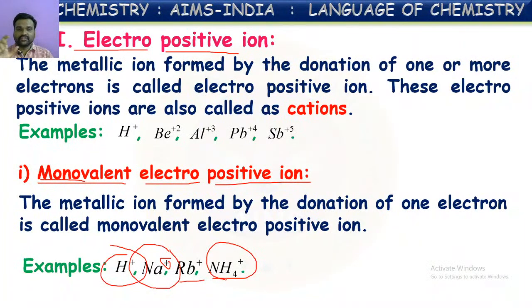It is formed by the loss of an electron from a group of atoms, NH4+. It is an ion formed by a group of atoms by the loss of one electron. To make it convenient, we call this a radical. The ions formed by a group of atoms are called radicals also. So these all come under monovalent electropositive ions.